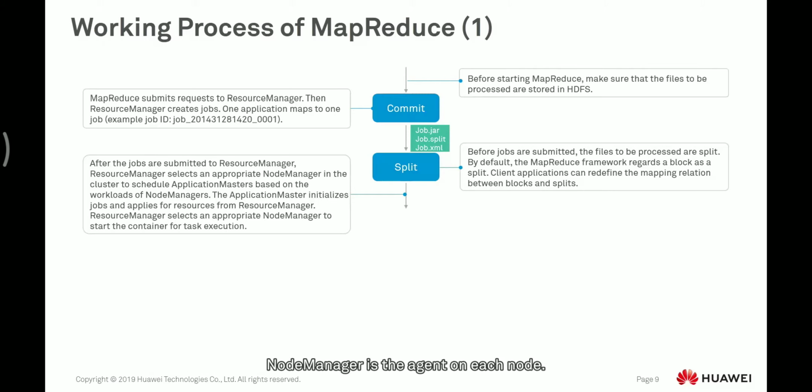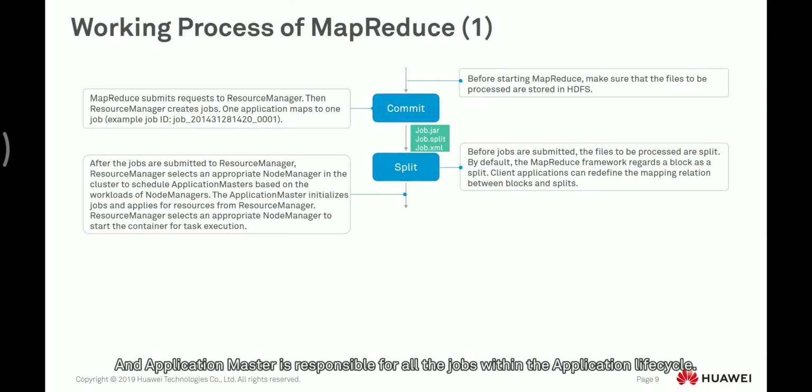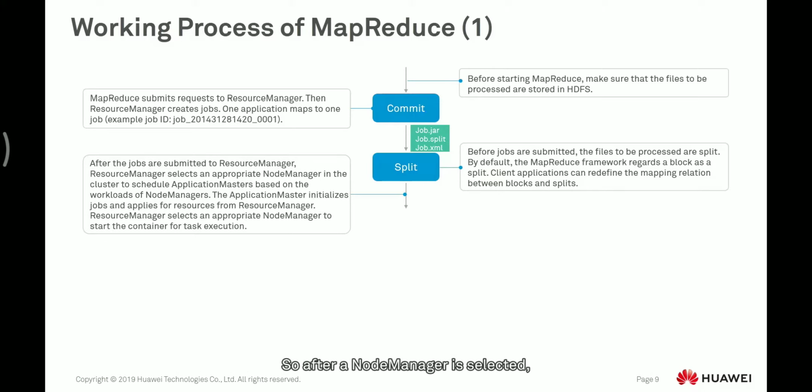Here, node manager is the agent on each node, and application master is responsible for all the jobs within the application lifecycle. So after a node manager is selected, application master initiates jobs and applies for resources from resource manager, and the selected node manager will start the container for task execution.